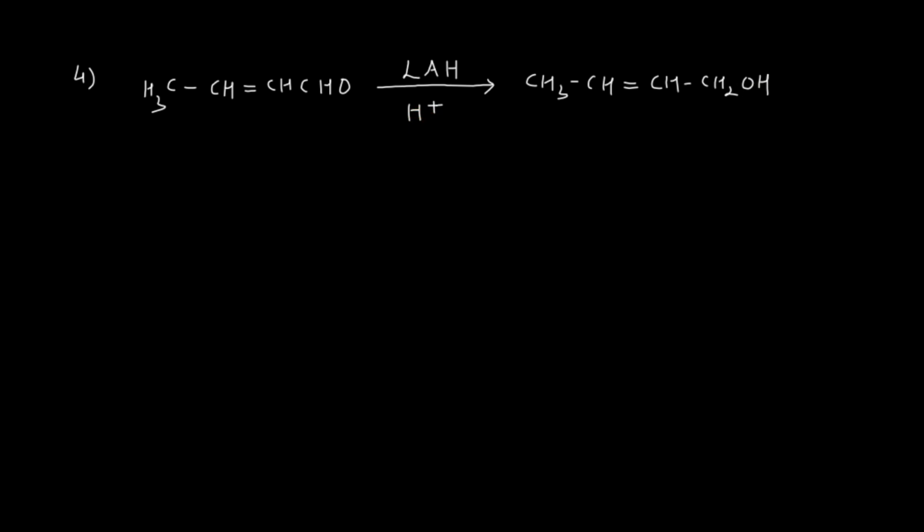Okay, and if you want to know the name of this compound, I hope you are familiar with this molecule. This is croton aldehyde. So this is your croton alcohol.